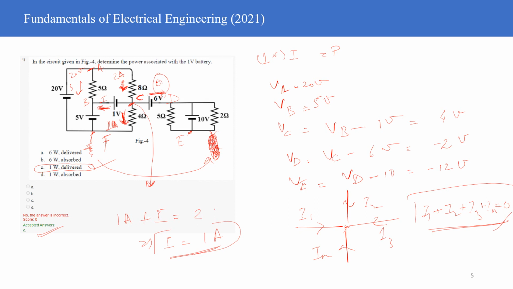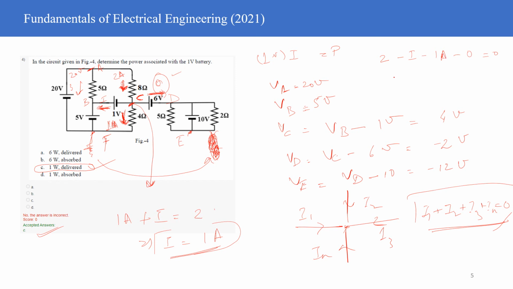So what you do is you figure out the total current which is flowing into the node C. So what's the total current? 2 ampere is flowing into it, and then minus I current is flowing out of it, and minus 1 ampere current is flowing out of it, and minus 0 ampere current is flowing out of it here, and this must add up to 0.